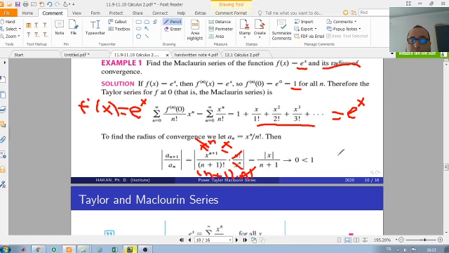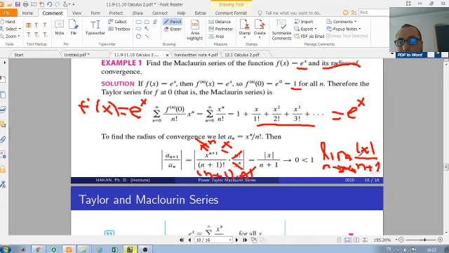And we have to find the limit of this expression as n goes to infinity. Limit as n goes to infinity of |x| over n+1. You know, the variable of the limit is here n.